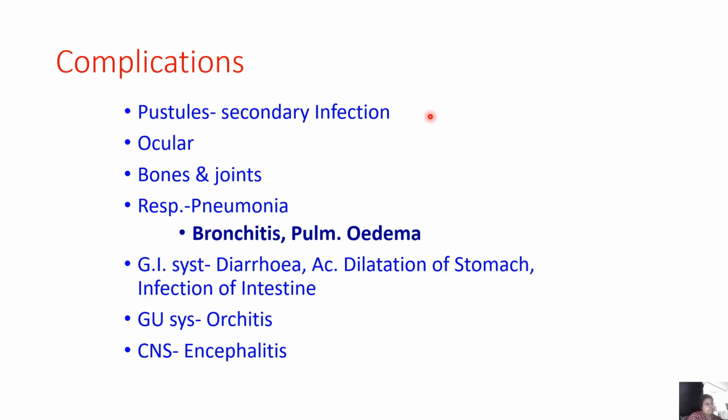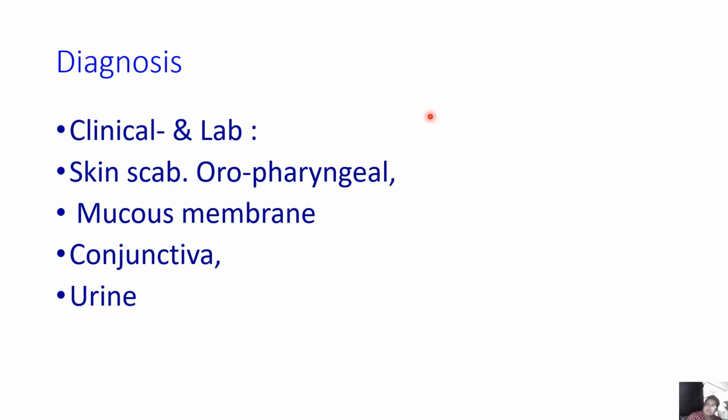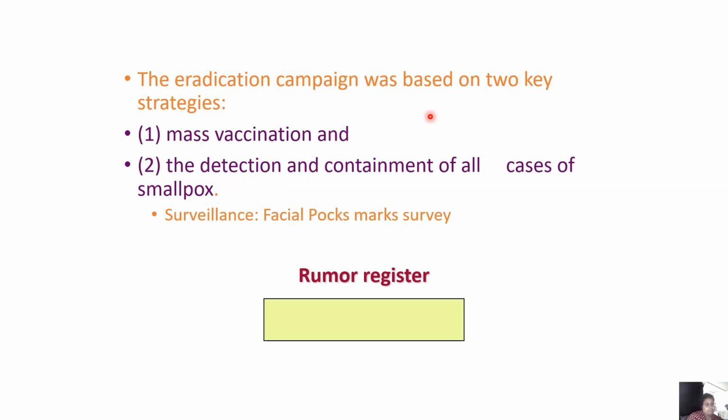Secondary infection of pustules, ocular, bones and joints, respiratory like pneumonia, bronchitis, pulmonary edema, all of these. Then gastrointestinal complications like diarrhea, acute dilation of the stomach, infection of the intestine, then orchitis, and encephalitis from the central nervous system. Diagnosis can be clinical and lab-based, using skin scab, oropharyngeal mucous membrane, conjunctiva, urine, etc.